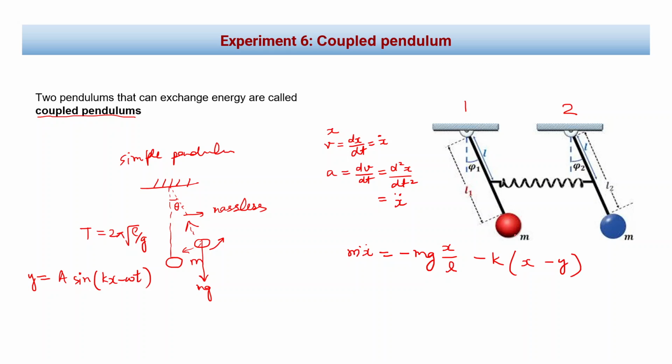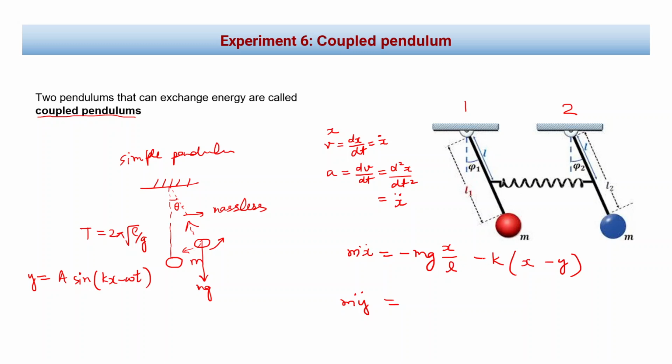This x is the displacement made by the first pendulum and y is the displacement given to the second pendulum. The equation of motion for the second pendulum will be, so we know otherwise if only this simple pendulum is there, then it will be x double dot minus g by L x.